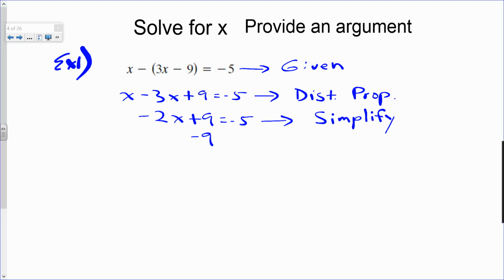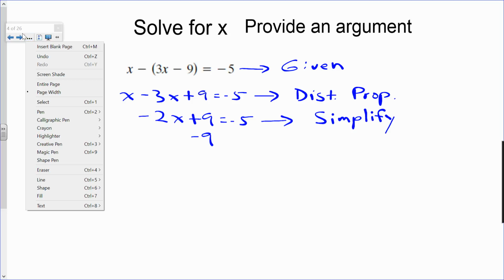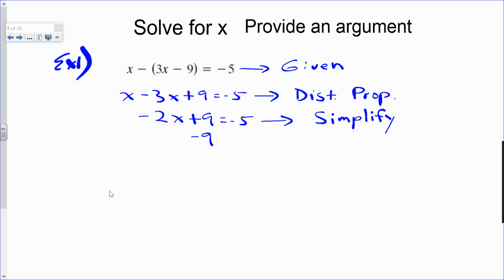What I'm going to do is write the statement that results from subtracting 9 from both sides. It's going to be this statement. Watch. It's going to be negative 2x equals negative 14.